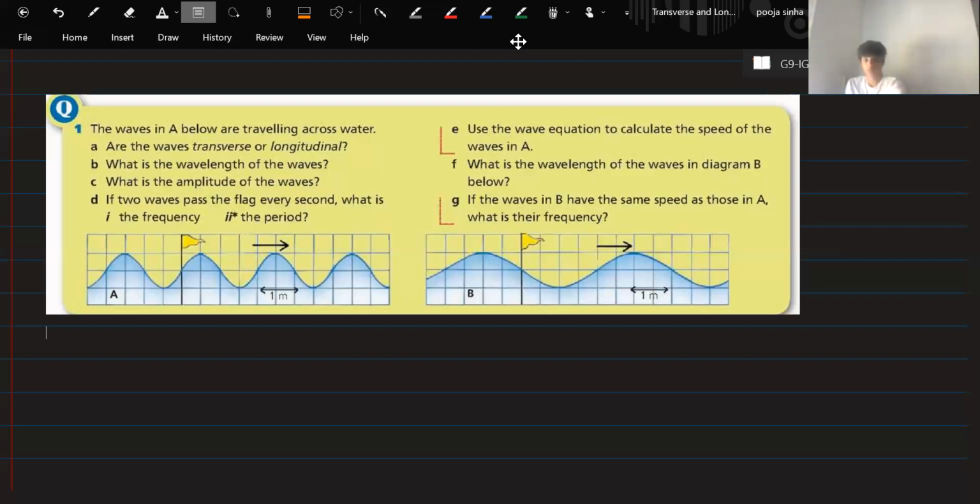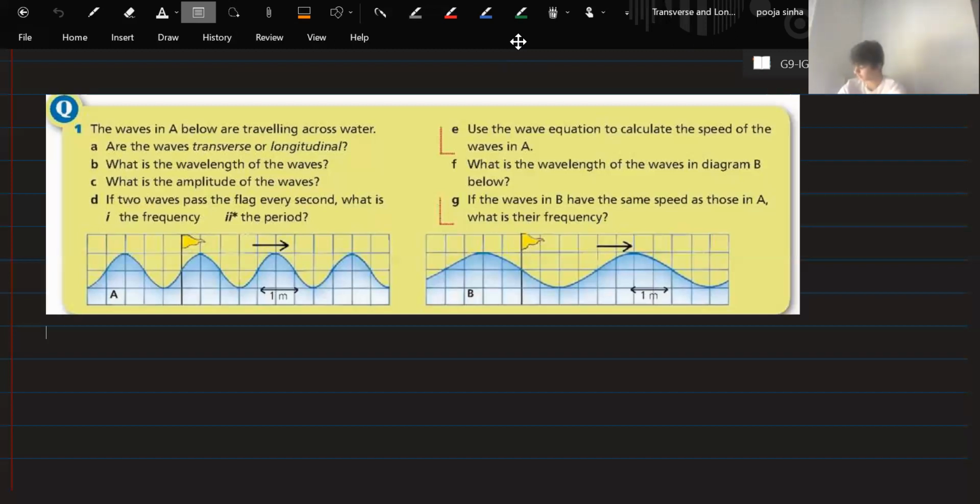Done? I'm stuck on D2. If two waves pass the flag every second, what is the frequency? Frequency is 2 hertz. But what is part 2? The time period. Oh. I didn't get the question.